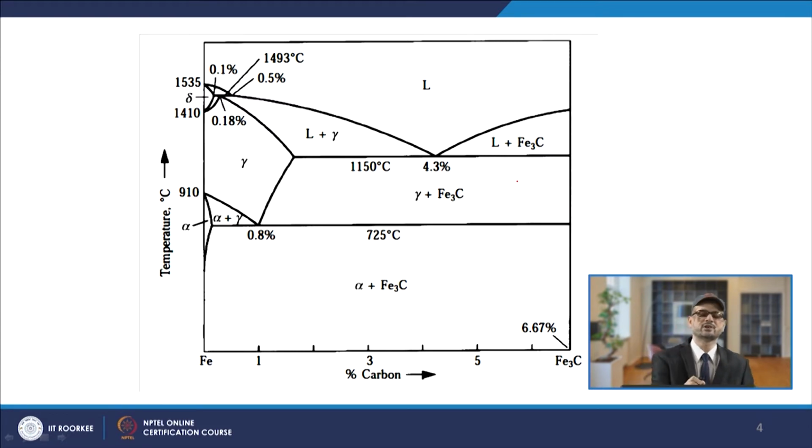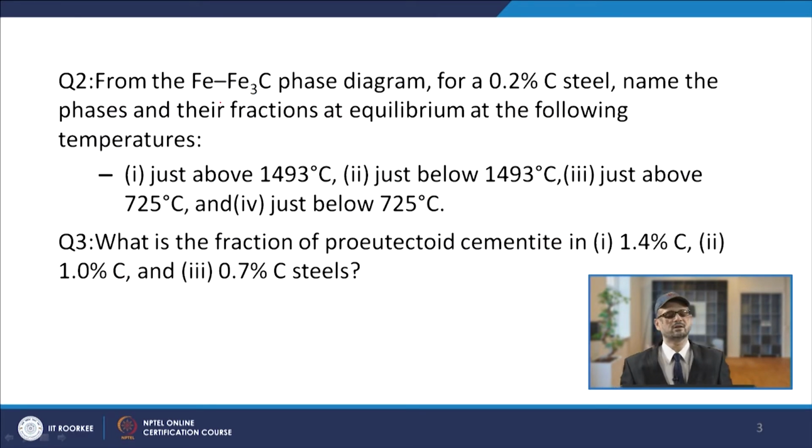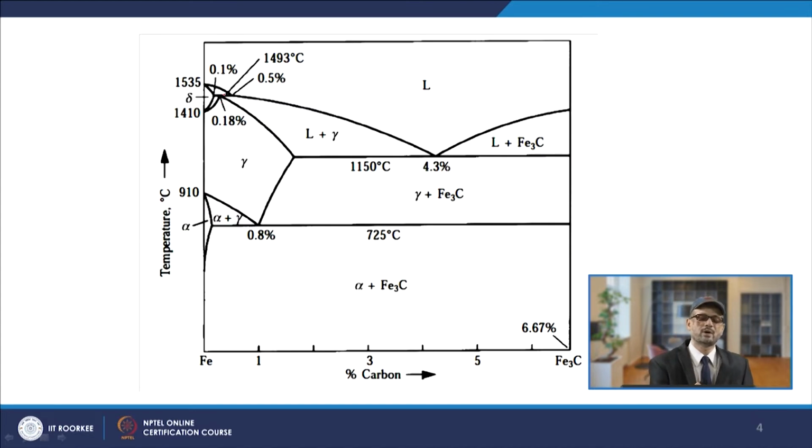Now, this temperature is 1493 degree centigrade, and we are talking about the composition of 0.2% carbon steel. So, this is 0.18. So, you will have 0.2 here, and for 0.2 and just above this, it is going into this zone. This zone is delta plus liquid.